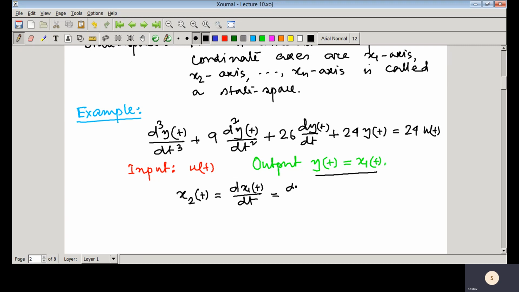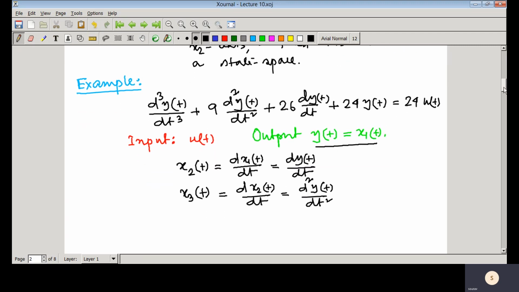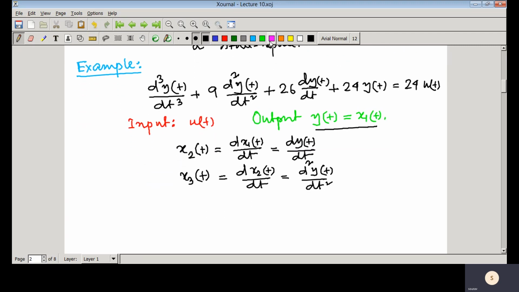So this is nothing but dy/dt, and again we will define another state variable that is x3(t), that is dx2/dt. So that means that would be d²y/dt². So now we can represent this dynamical system in the form of these three state variables x1(t), x2(t) and x3(t).